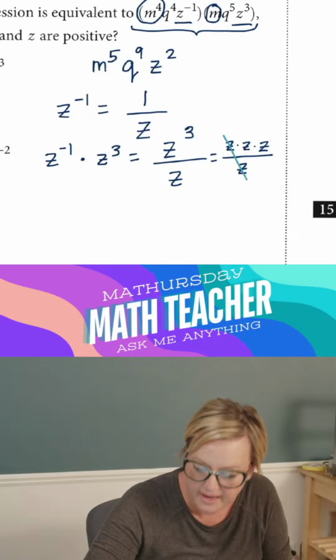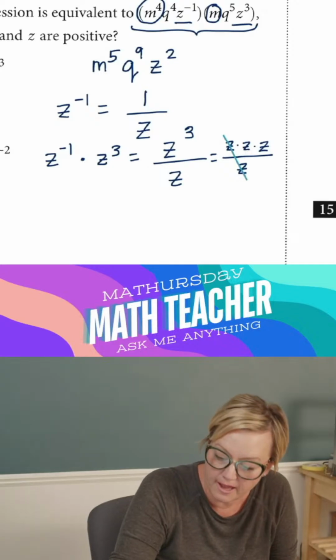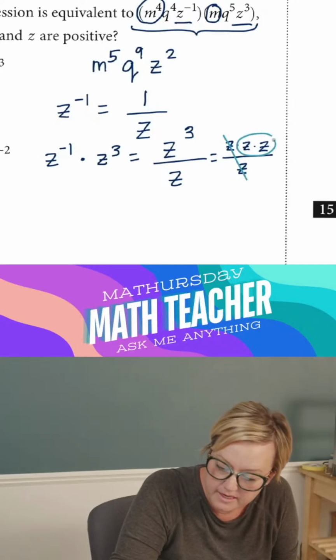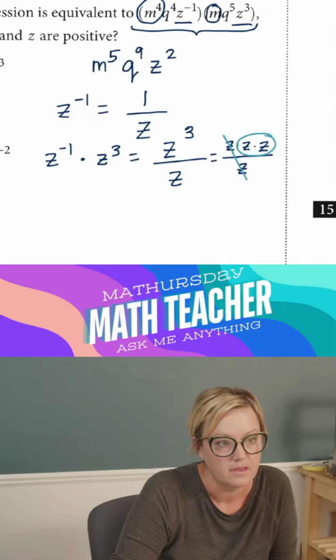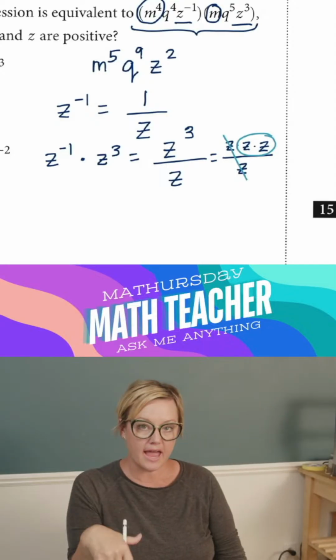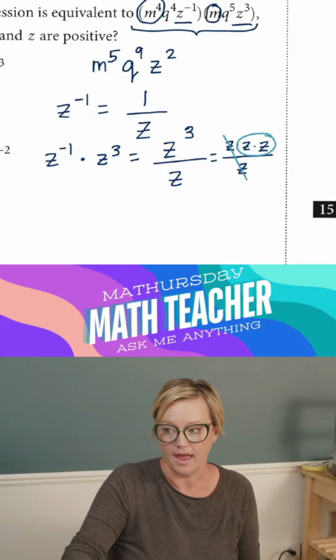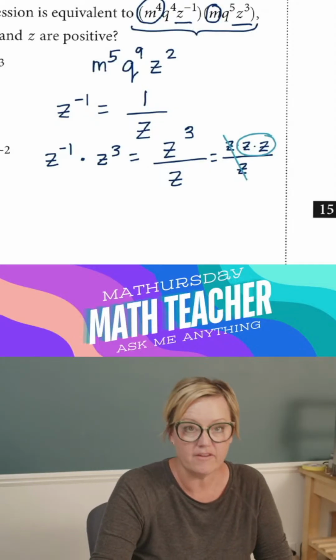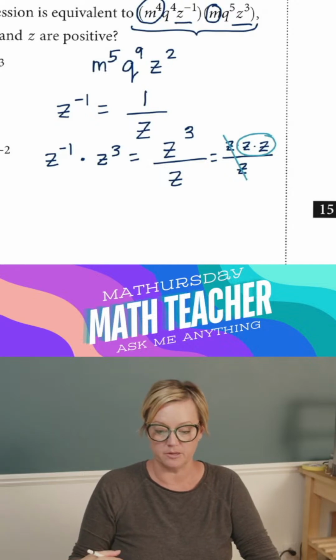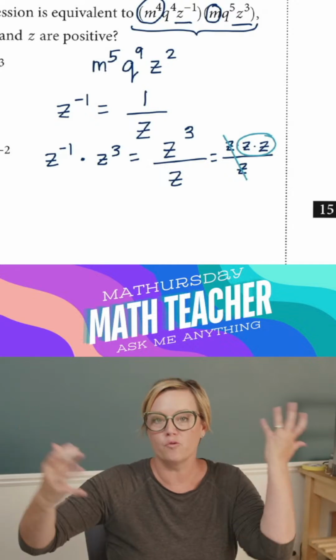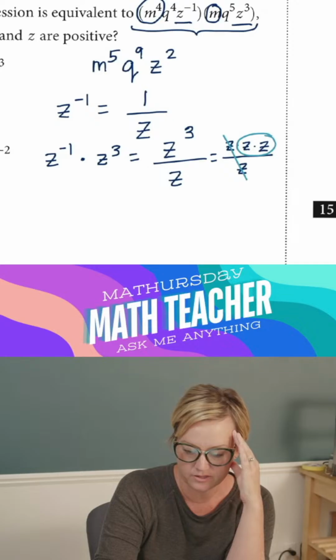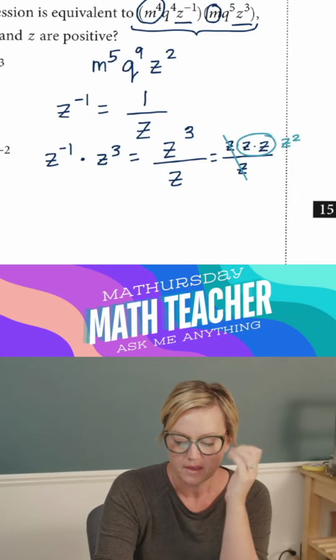One of those is going to cancel out, so all you're left with is z squared. So when you're dividing exponents like this, you subtract them, and this is why. Again, when I've got a negative exponent, it drops down into the reciprocal. There are a lot of different ways to think about this, so this is going to be z squared.